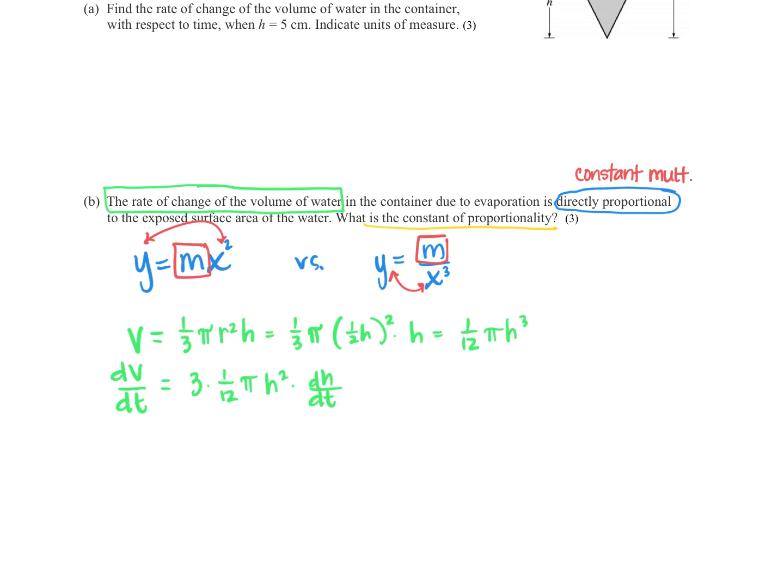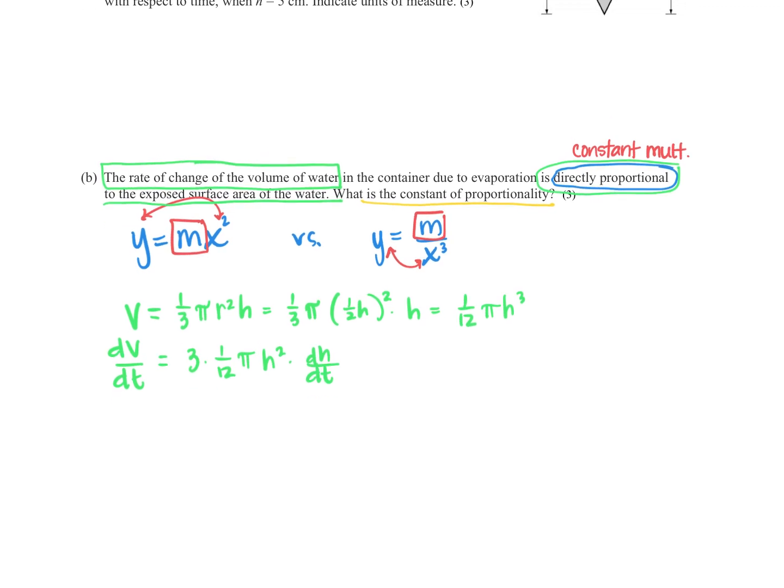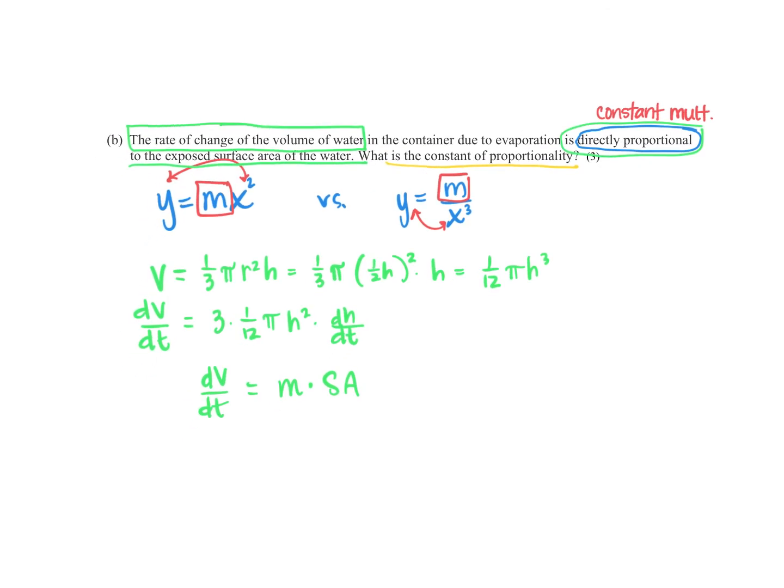But we're also told that this rate of change is directly proportional to the surface area of the water. And so dV/dt has some multiplier, we can call it m, times the surface area. That's what directly proportional means, there's some constant multiplier. So then we just need to plug in what we know dV/dt to be, which we just found.